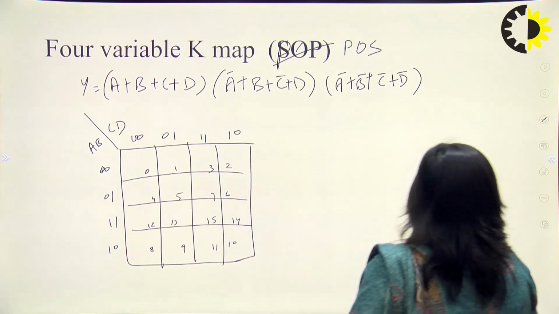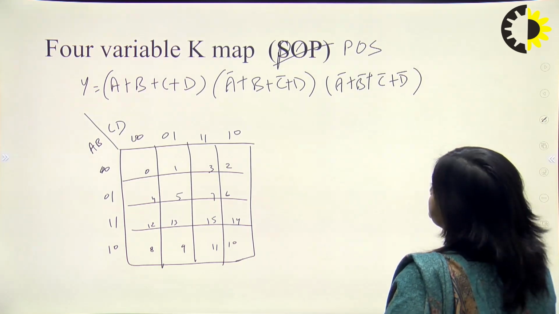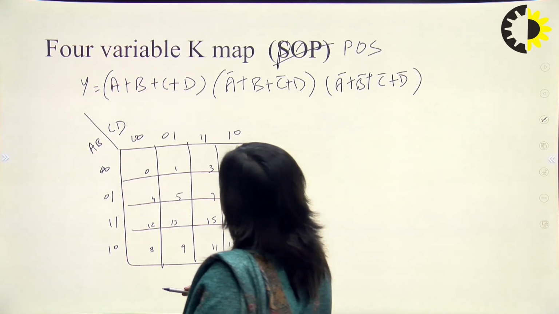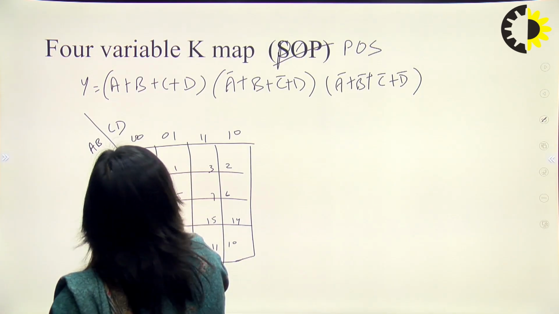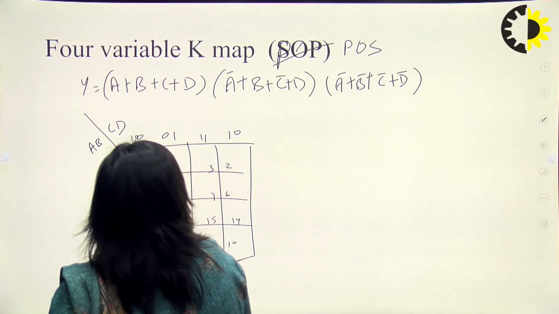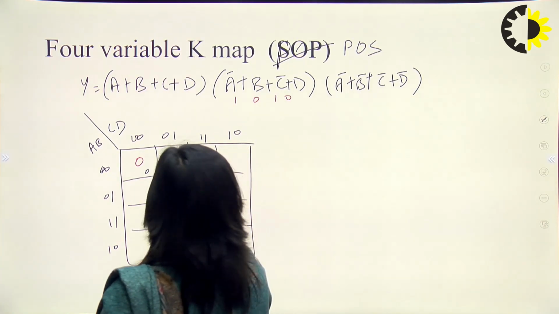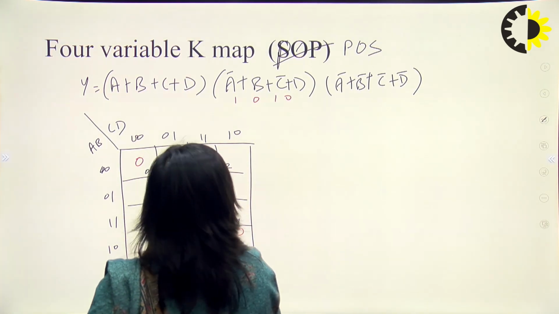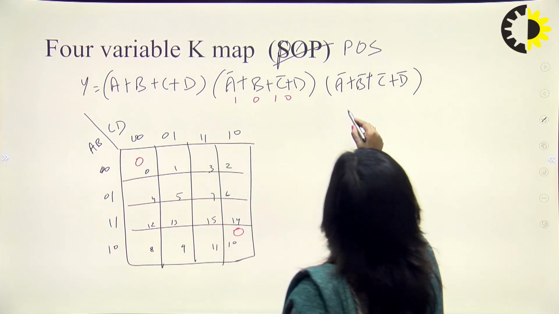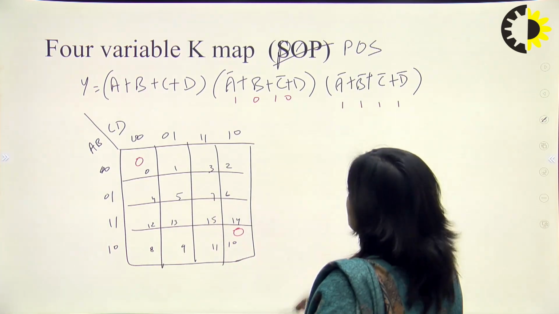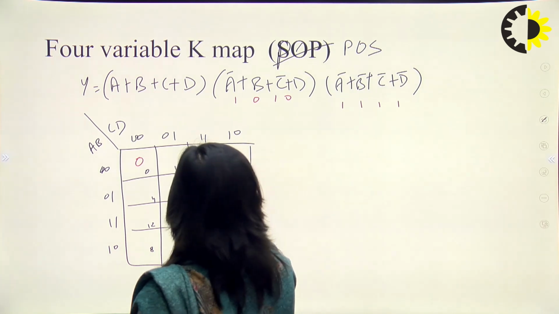So now we have to put the values of all this. So A plus B plus C plus D means all 0. So we will put 0 here. This means 1, 0, 1, 0. So 1, 0, 1, 0 is this. And here we can see this is 1, 1, 1, 1. So for all 1, we will have this.